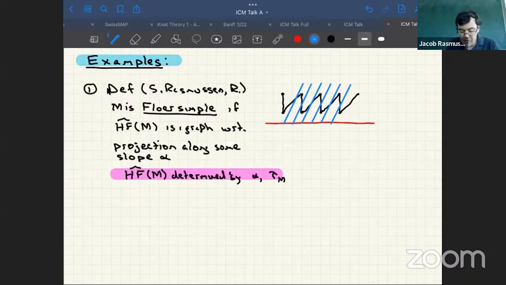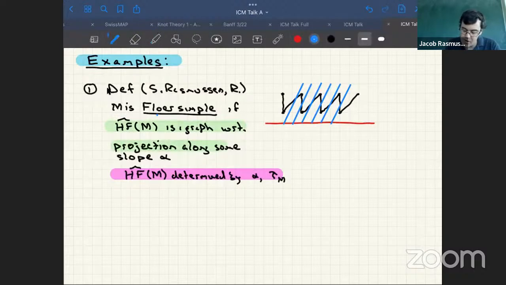All right. So let me now give a few examples of what typical Heegaard Floer homologies for manifolds with torus boundary are. Let's start with some simple examples. Here's a definition. We'll say that M is Floer simple if HF hat of M is a graph with respect to projection along some slope alpha.